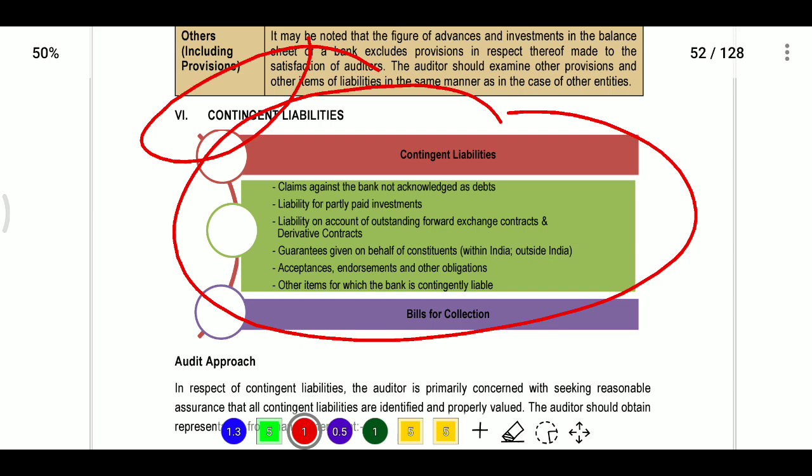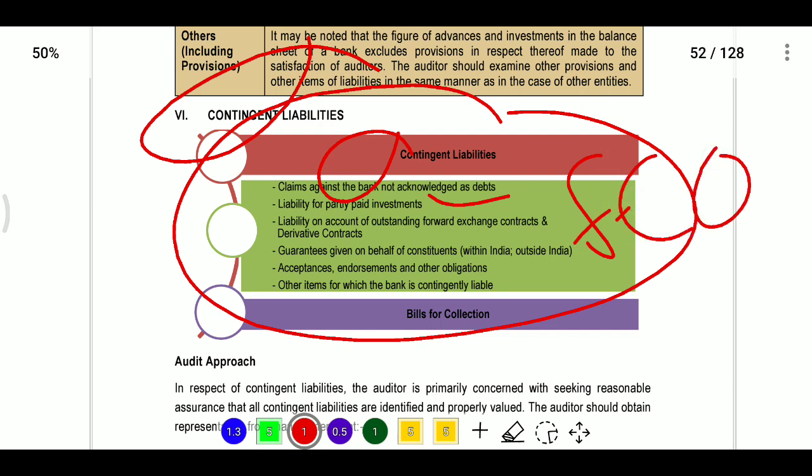One, claims against the bank not acknowledged as debt. We need to check what claims exist that the bank has not acknowledged as debt. These are contingent liabilities we need to disclose. Next, liabilities for partly paid investments. Next, liability on outstanding forward exchange contracts.